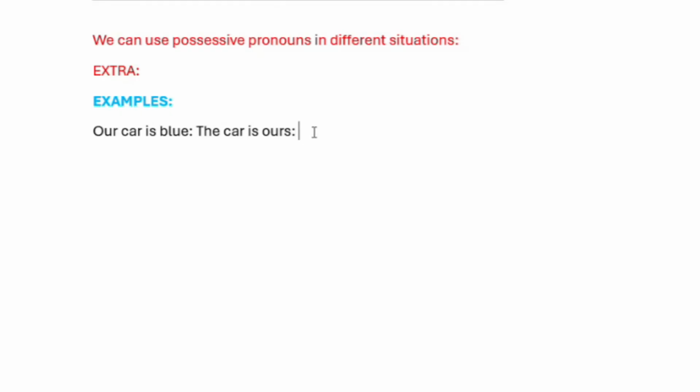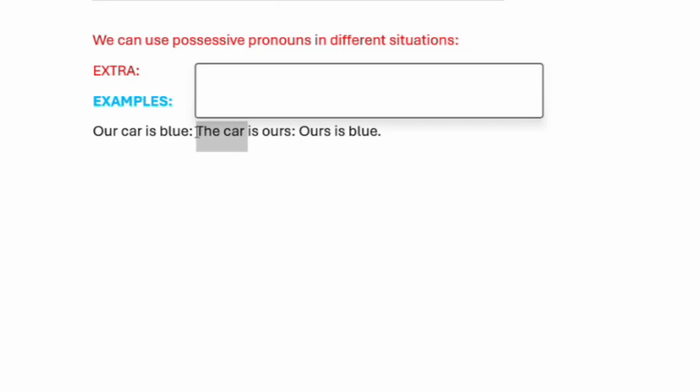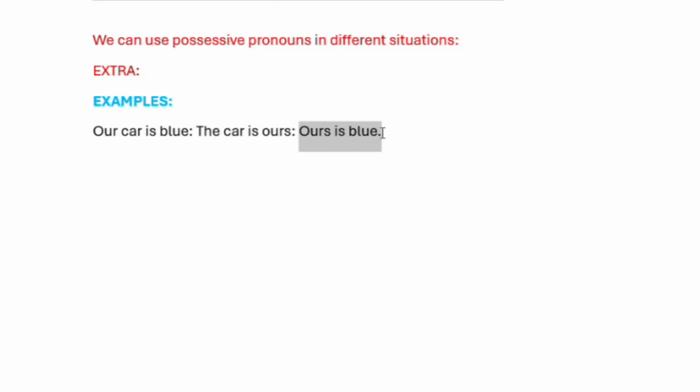And then look at it, the possessive pronoun at the beginning. Ours is blue. What happened here? Ours is blue. It's because ours refers to the car, and this is the noun. And ours is blue in a singular form.